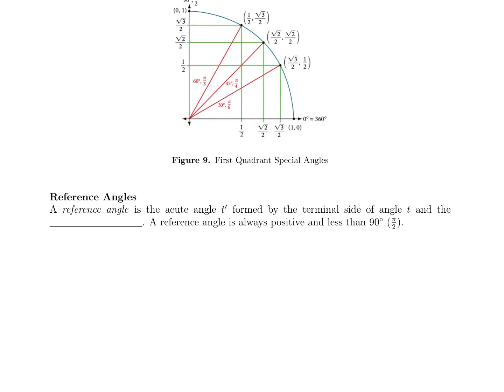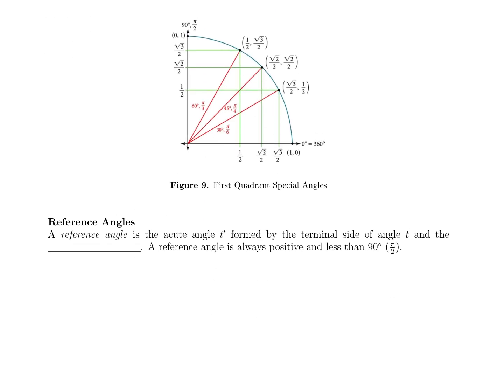So now they're going to talk about reference angles. So a reference angle is an acute angle. So let's highlight that. The notation they use is t prime. And remember that acute means that the angle must be between 0 and 90 degrees.